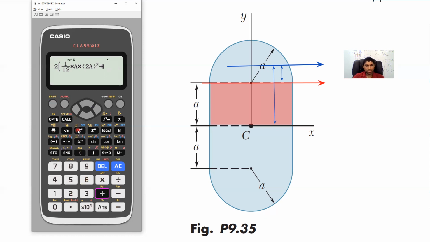And we have to add the value for the semicircle. When it is a semicircle, it is 1/8 pi r to the power of 4. So we can calculate with a equal to 20, and this will be the answer.